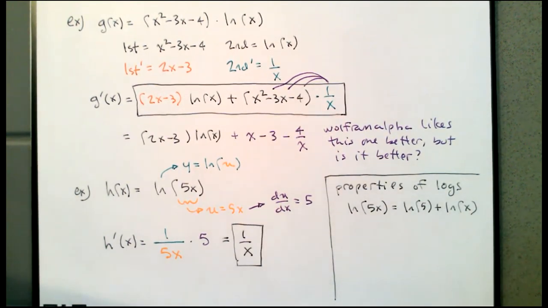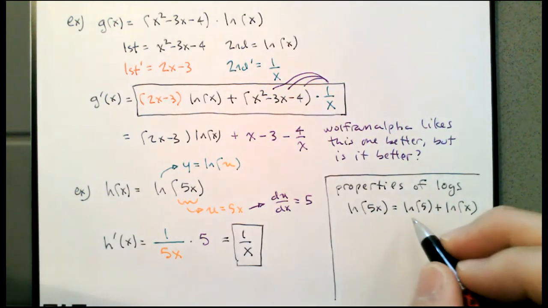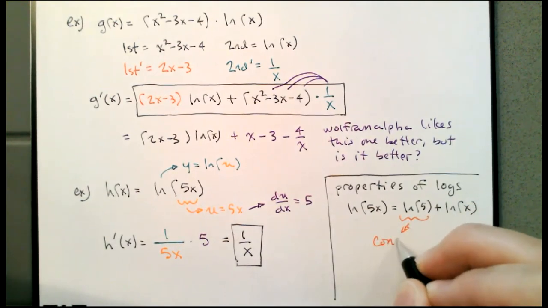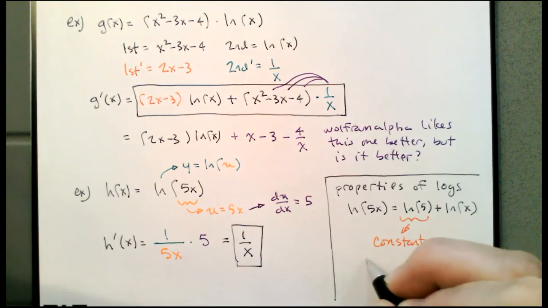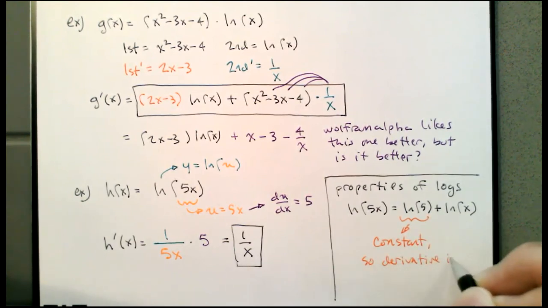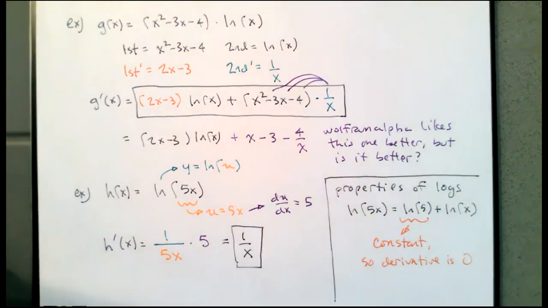And so when we take the derivative of natural log of 5 plus natural log of x, the natural log of 5 is a constant, so the derivative is 0.